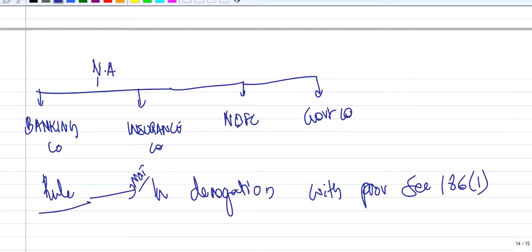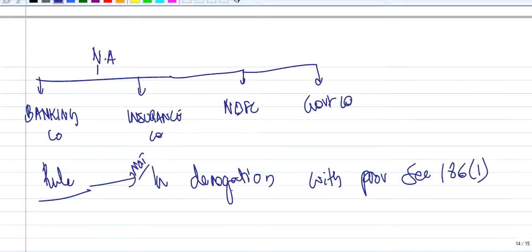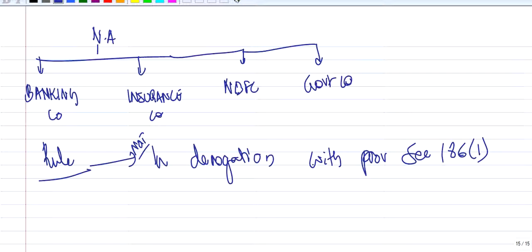Then we see in the section, rule not applicable. Then we see with regard to section 186 subsection 1. Then we will move on to a very important point, the fourth point under the rule.